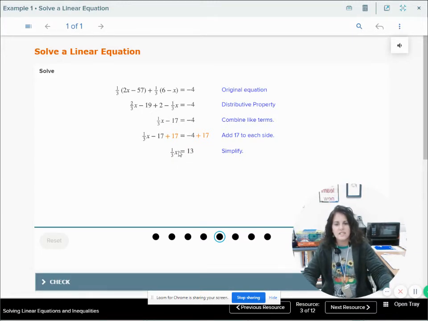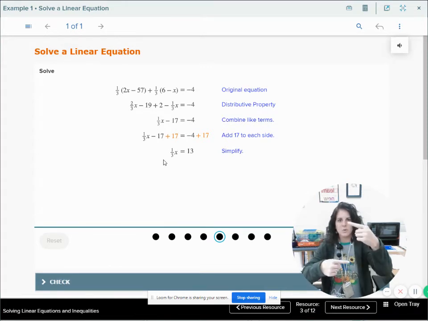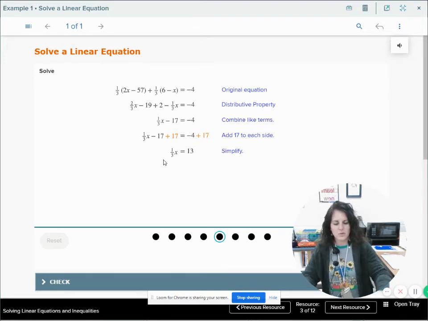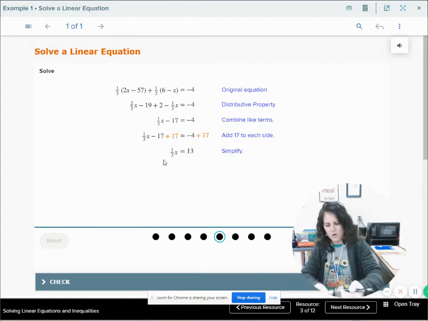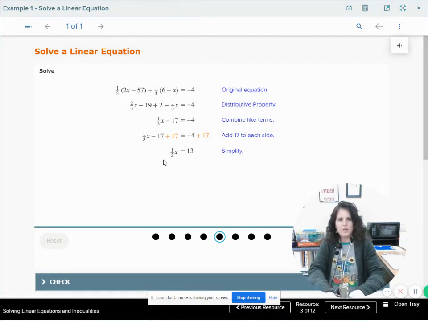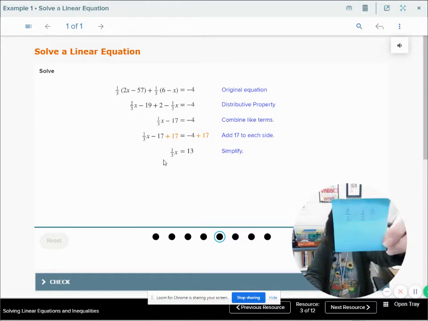Again, the goal is to get this x all by itself. If you remember back to Algebra 1, we get rid of a fraction by multiplying by its reciprocal. We take that 1/3, we flip it over, and we multiply by 3/1. The reason we do that is because 3/1 times 1/3 gives me 3/3, and we know that 3/3 is the same as a positive 1.